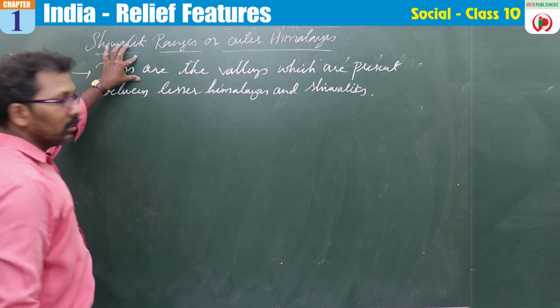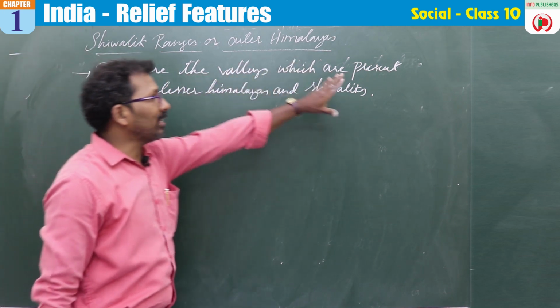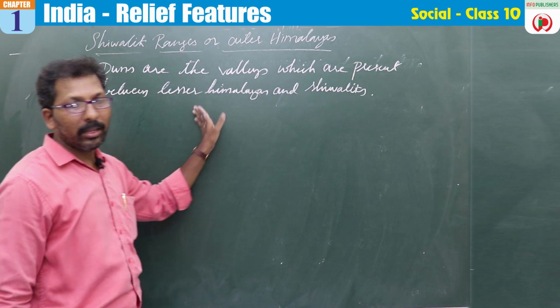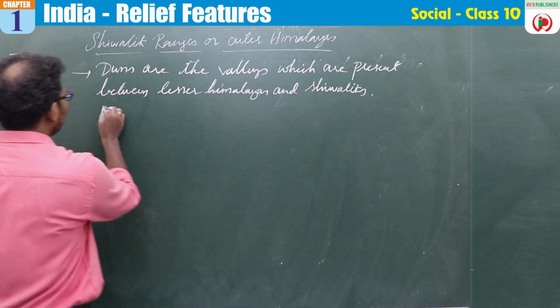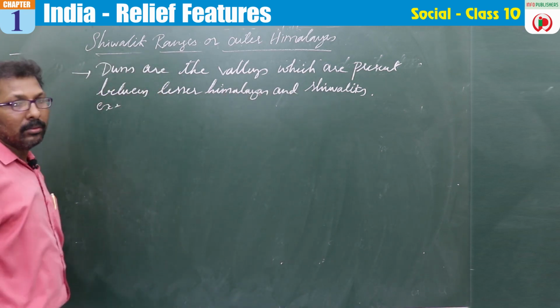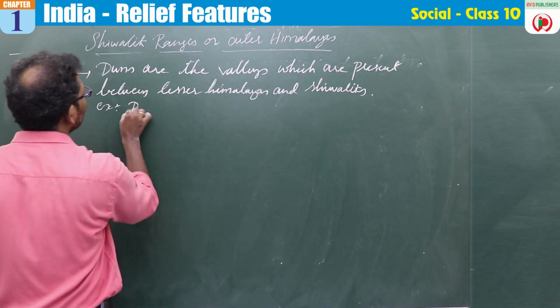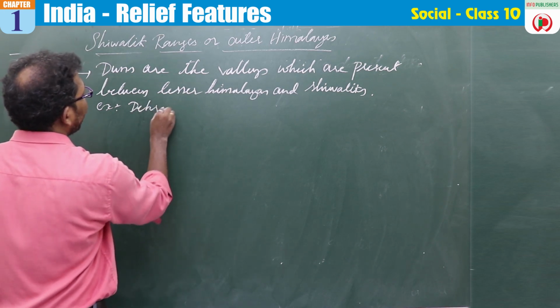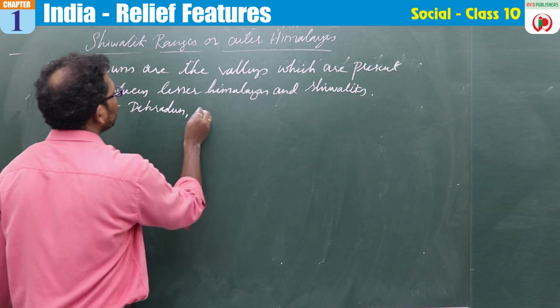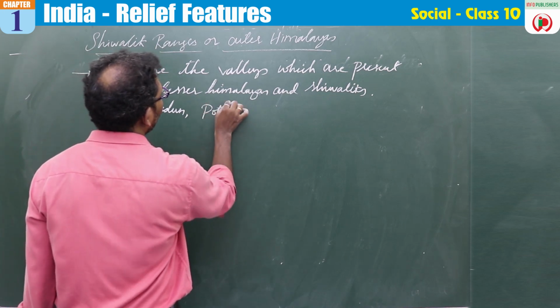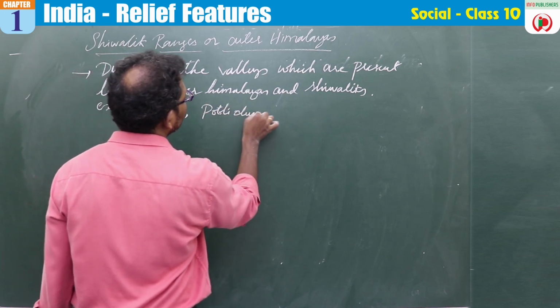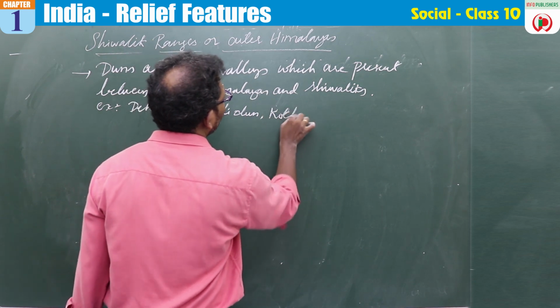So what are dunes? Dunes are the valleys which are present between the Lesser Himalayas and the Shivaliks. Examples of the dunes: Dehradun, Potli Dun, Kotli Dun.